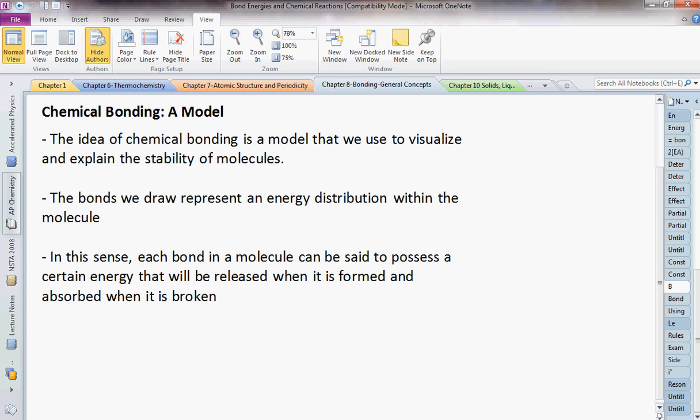Keep in mind that to break a bond requires an input of energy, and therefore it would be endothermic, and making a new bond actually stabilizes things, and that's an exothermic process. So as far as signs go, any bond that we have to break will have a positive enthalpy change, and any bond that gets formed will have a negative enthalpy change.